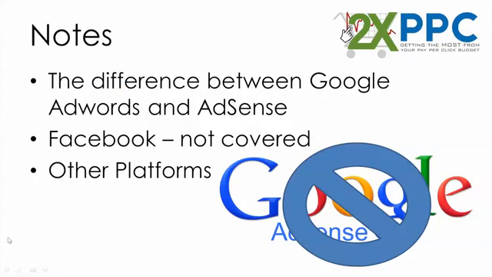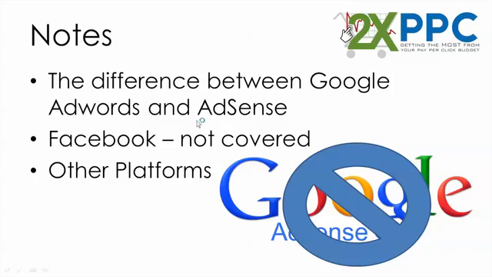Now, I'm going to make a few notes here, and this one is kind of a pet peeve. When I first got started in pay-per-click advertising, these two things would show up all the time, and it was very confusing. Google has 2 services. Google AdWords is the one that we'll be discussing, where you are actually putting up your own ads that are delivered either just in search or in search and on member websites.